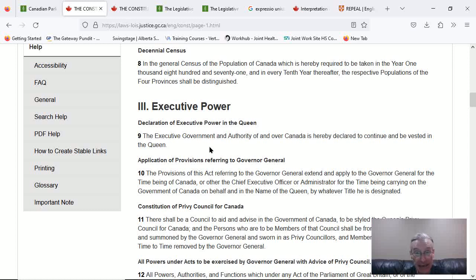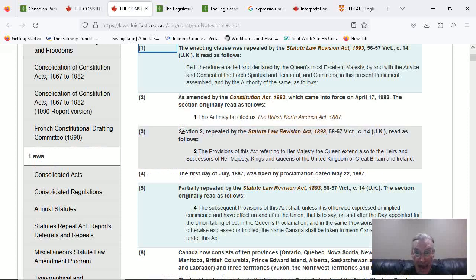The monarch of Canada, Queen Victoria, died in 1901, and the executive government and authority of and over Canada no longer extended to her heirs and successors after the passing of the Statute Law Revision Act, as well as the Enacting Clause of our constitutional document, our foundational document of Canada. The Enacting Clause was repealed by the Statute Law Revision Act.